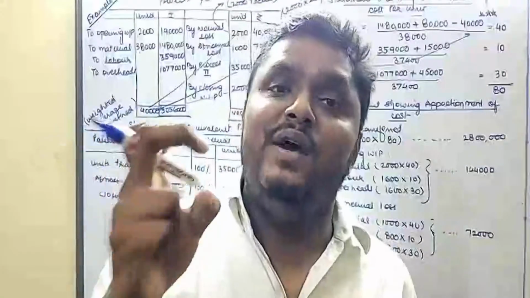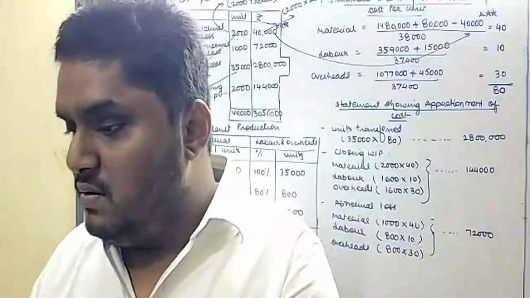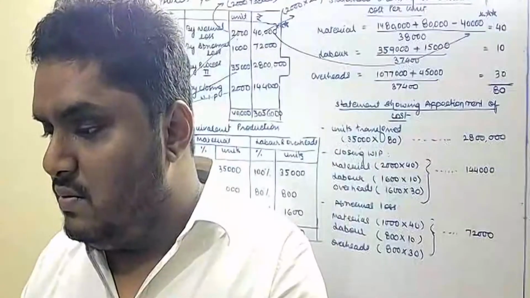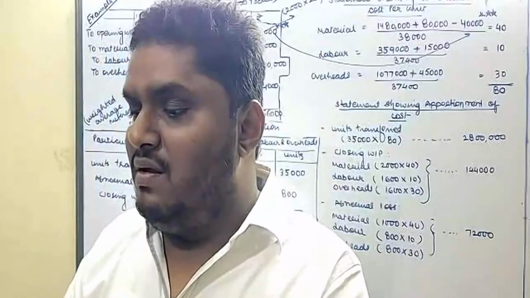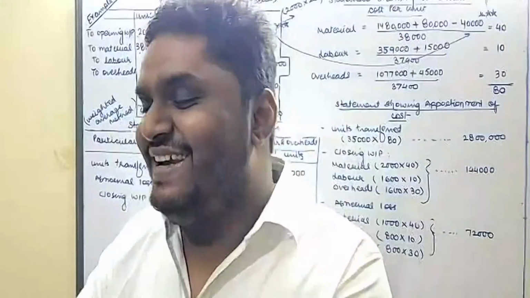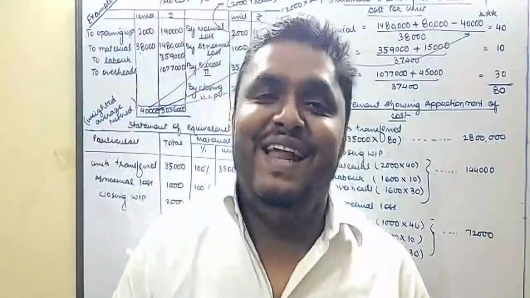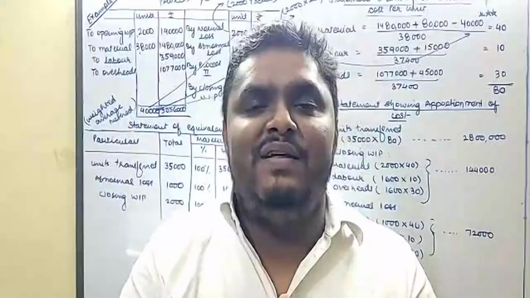So the balance 1,000 units is my abnormal loss. No worries, Prachi, that's okay, I understand. So guys, now this is all about the weighted average method.